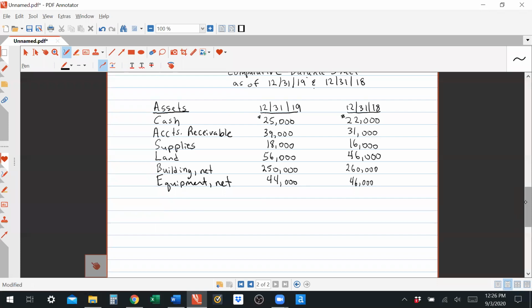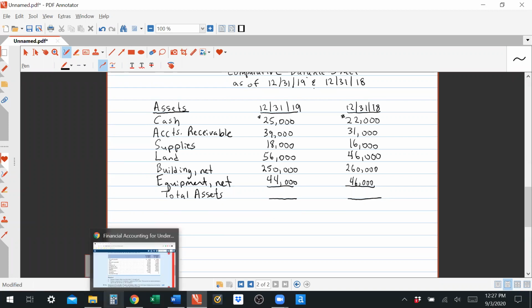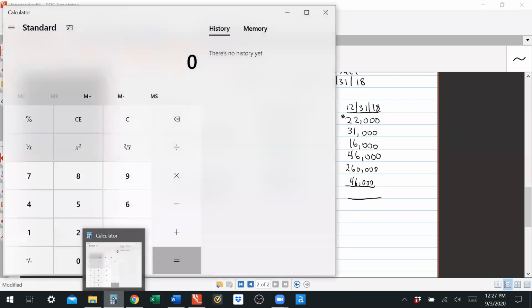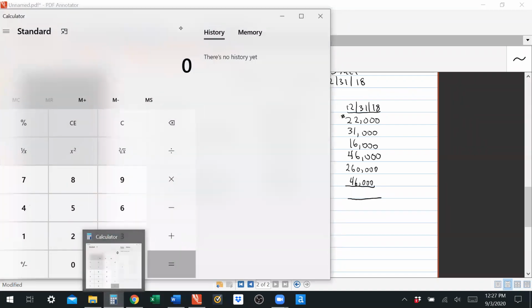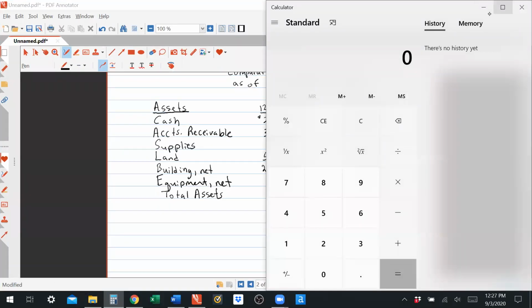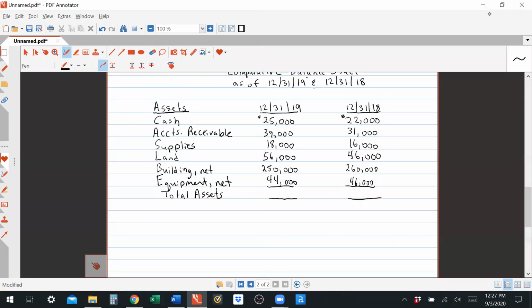Now you get a subtotal. Total assets. And we add up for the end of 2019 and the end of 2018. So we can add it up here. What do we have? 25, 39, 18. Actually, I'm not going to spend the time to do that here. I'm just going to look at the answer key because that will just take up unnecessary time.